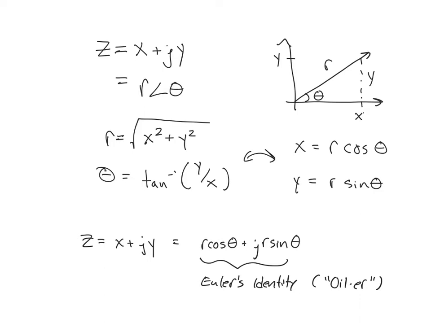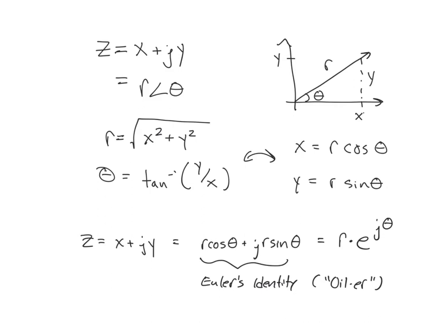And the identity is that when we have a real cosine plus an imaginary sine, that's the same thing as, we're going to pull out this r first of all, the same thing as a complex exponential raised to the angle theta. So e to the j times theta. You could prove this out if you wanted to using Taylor expansions.